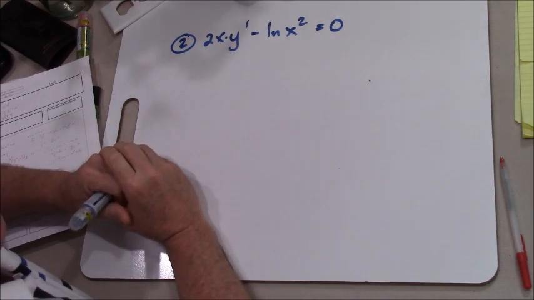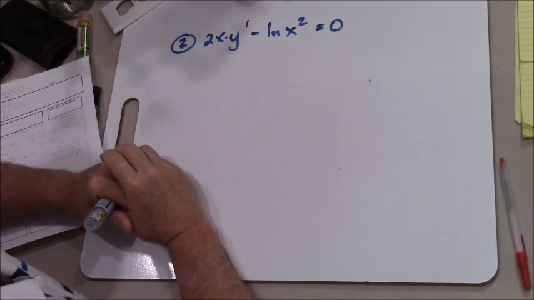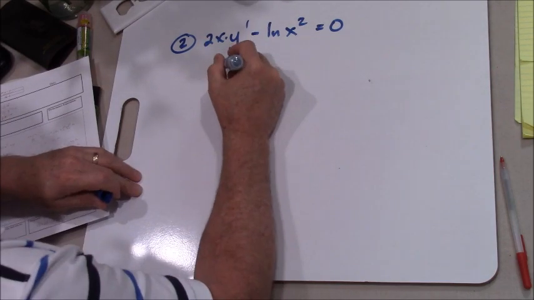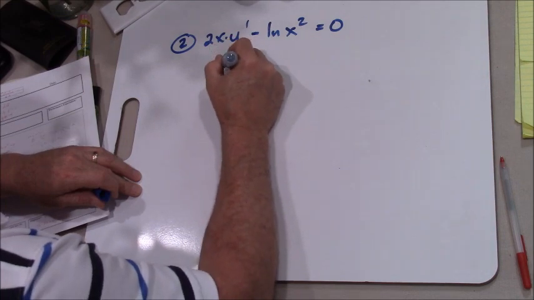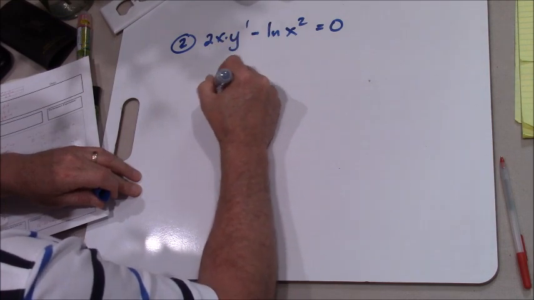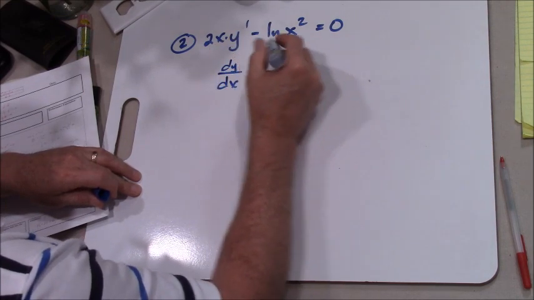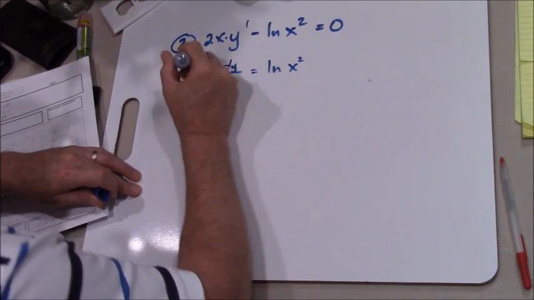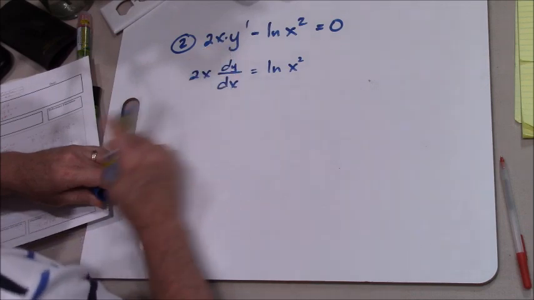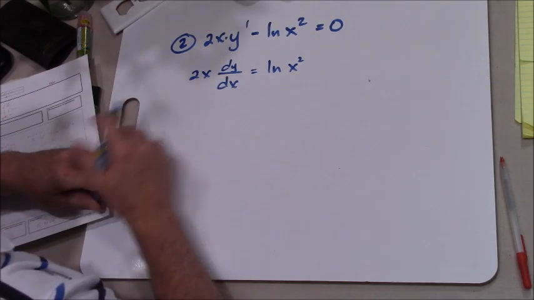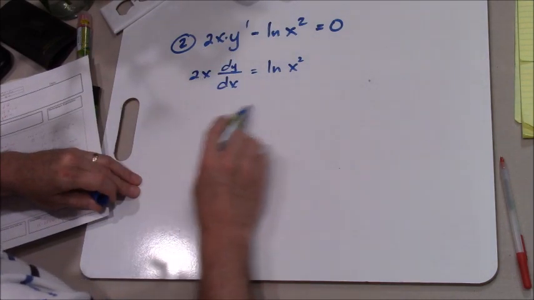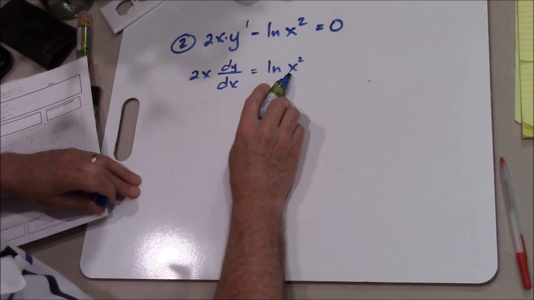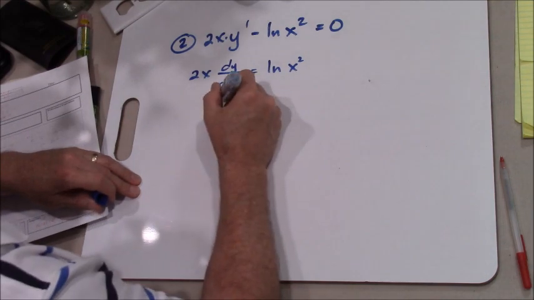Alright, so the rest of section 3 is just more questions where we're trying to solve the differential. So let's go ahead and solve this one. If I move everything to the other side, this right here will become dy over dx. I've got a natural log of x squared. This still has a 2x here, so I'll divide by that because I want to get all the x stuff on one side, y stuff on the other.